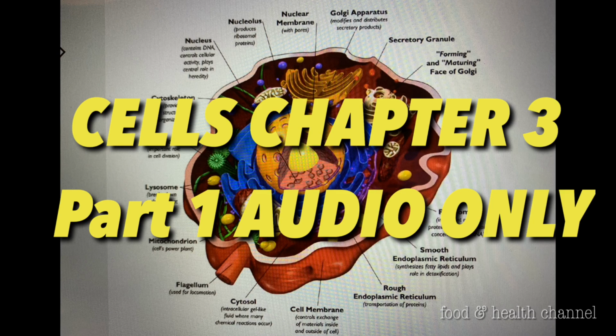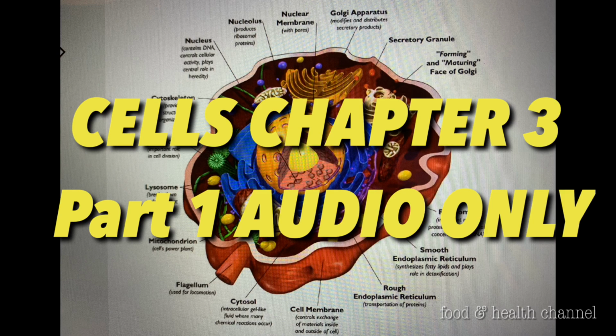The cytoplasm contains the cytosol and organelles. The cytosol is the extracellular fluid and composed primarily of water, electrolytes, proteins, and nutrients.